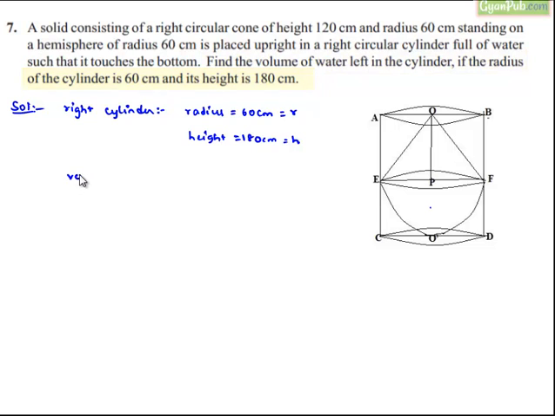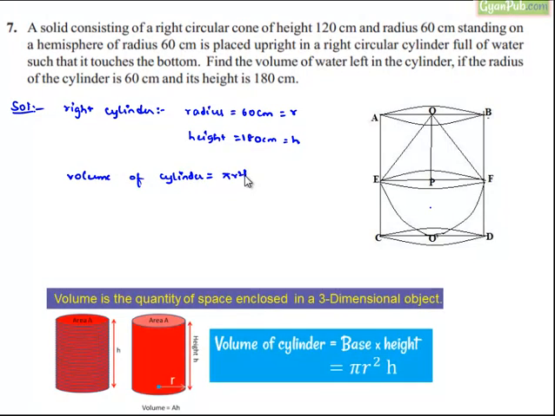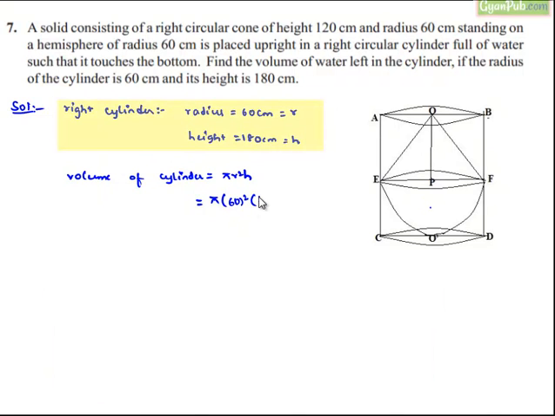Therefore here the volume of cylinder is equal to pi r square h, which is equal to pi times 60 square into 180, which is equal to 6,48,000 pi centimeter cube.